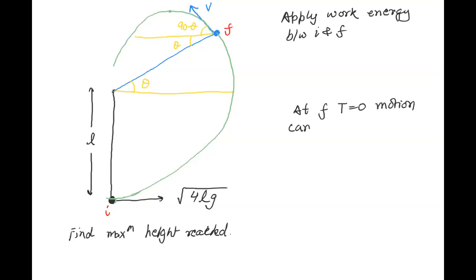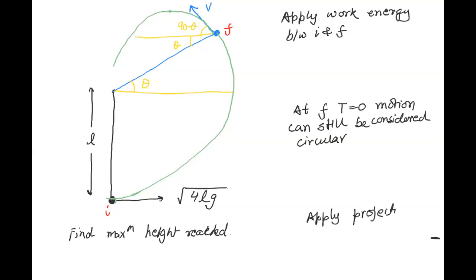Motion can still be considered circular. Apply projectile motion. So you have to write something here, you have to write something here, you have to write something here. That should solve the question.